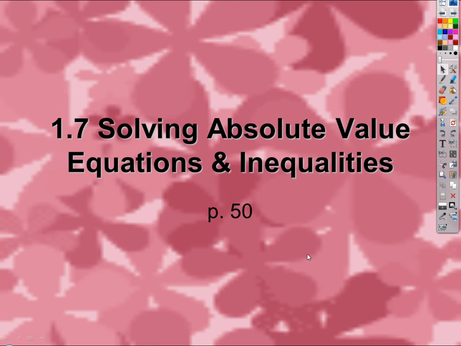Algebra was the same with inequalities as with equations, with the one exception being that when we multiply or divide both sides of an inequality by a negative number, what do we have to do? Flip the sign. And then we looked at some compound inequalities and some things like that that we'll touch on today also. So it's kind of a review of 1-6 and also the 1-7 stuff.